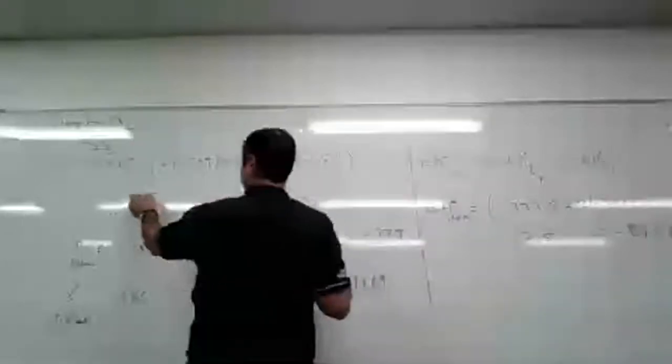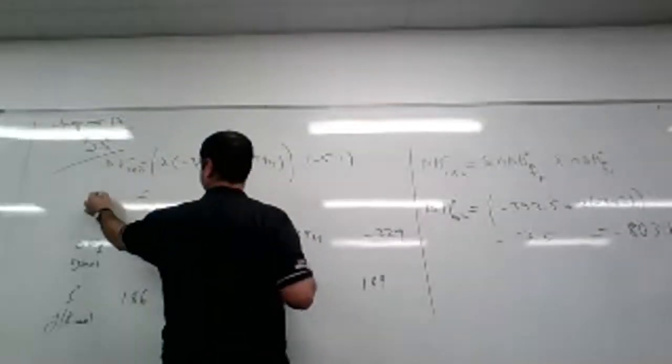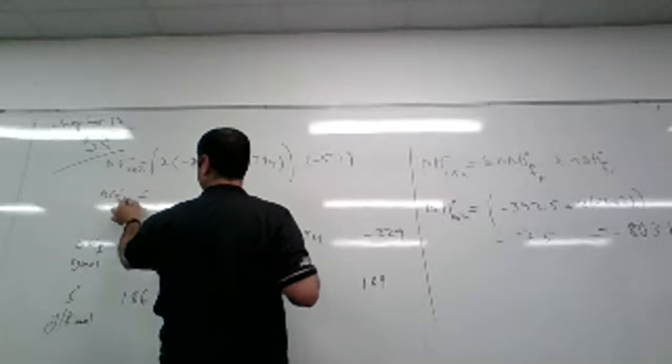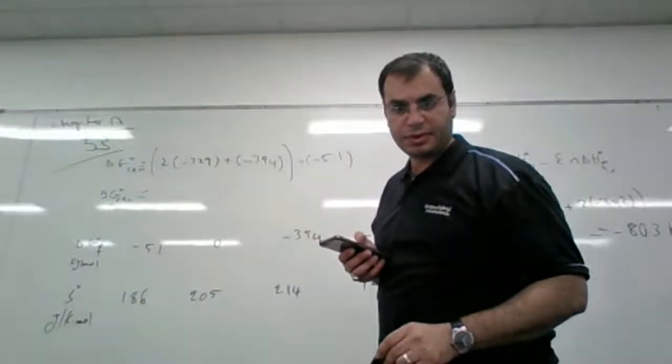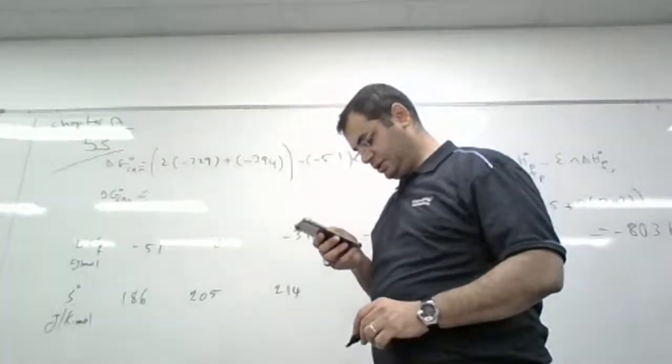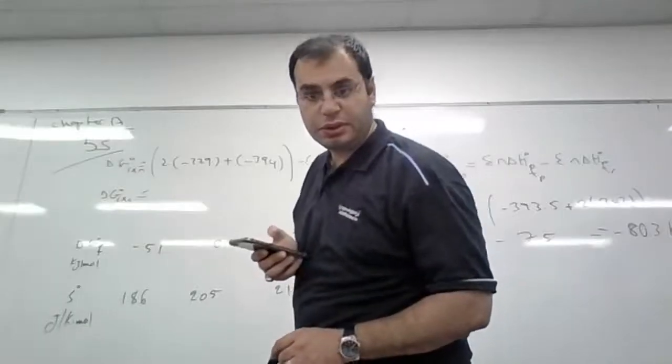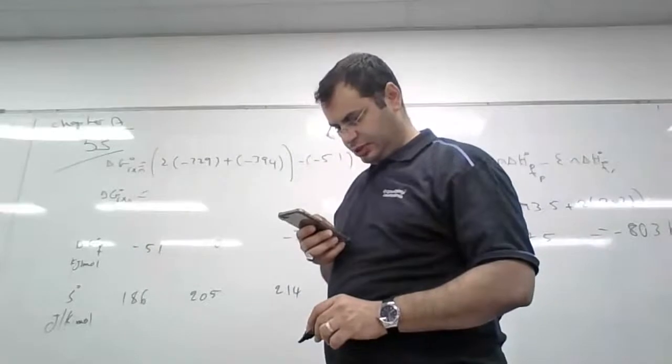The answer for delta G for the reaction, how much is it? Of course, Amin, 801. This is what I get.